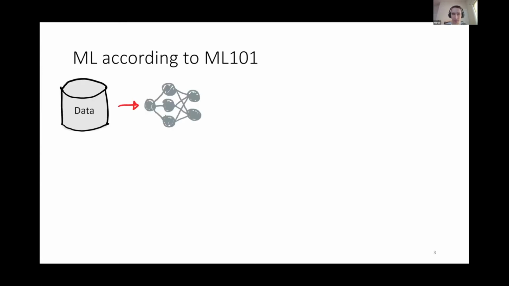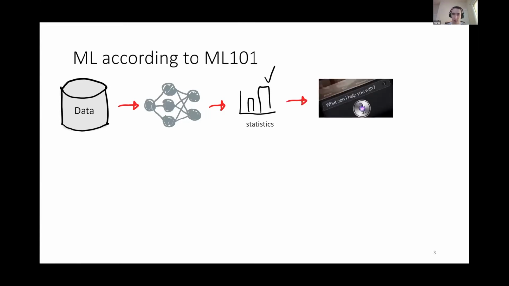You get some data, you train a model, nowadays a deep neural network. Then you get some statistics like accuracy on held out data. And if they look good, boom, you can power a product and machine learning solves all of your problems.